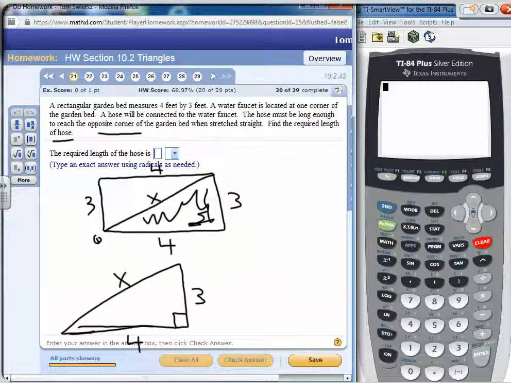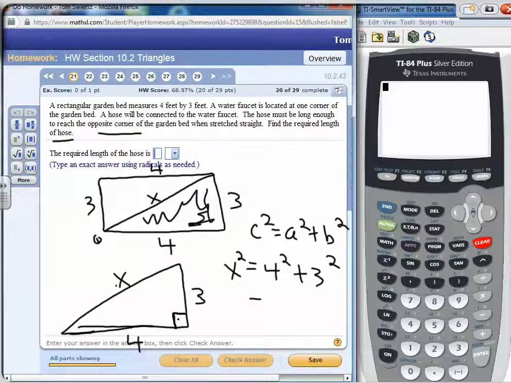So it's a right triangle, the hose is opposite the right angle, so we can use the Pythagorean theorem to find the length of the hose. Again, c squared equals a squared plus b squared. C is the hypotenuse opposite this right angle, which is the length of the hose. We called it x.